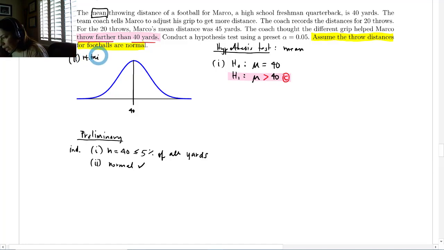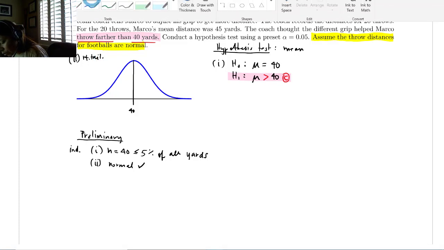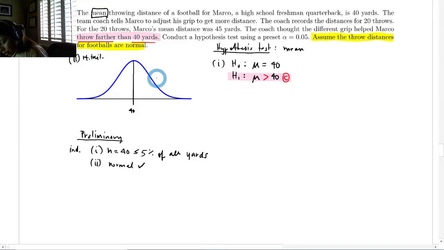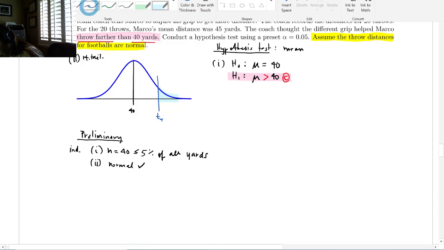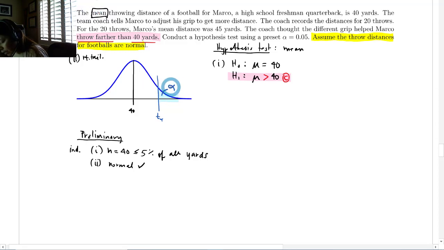What does that mean? If I draw where alpha is, over here on the right tail, this is going to be some t sub alpha, where this is alpha. And alpha is given to us.